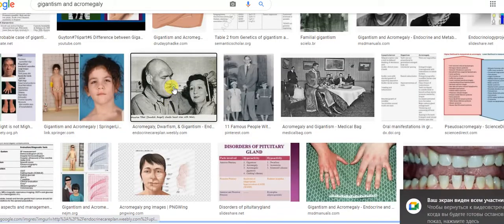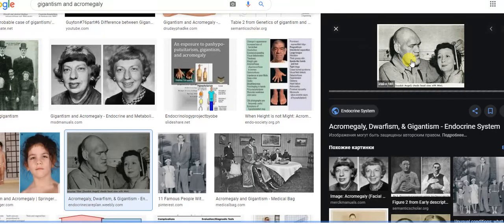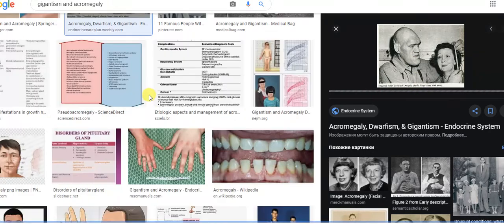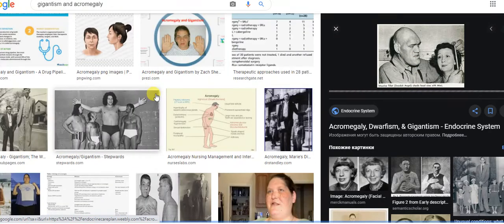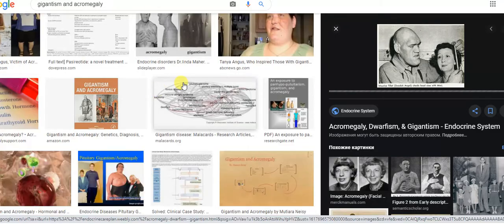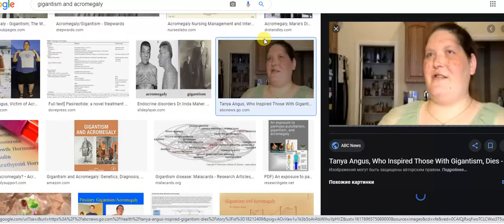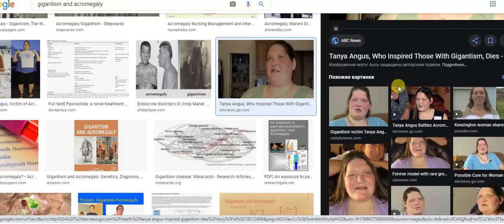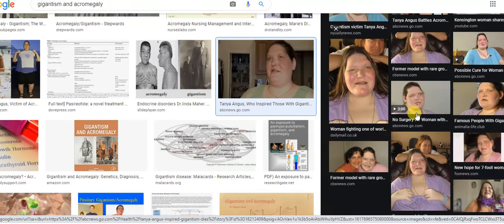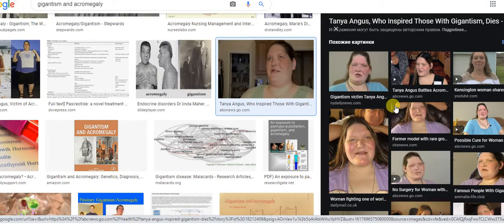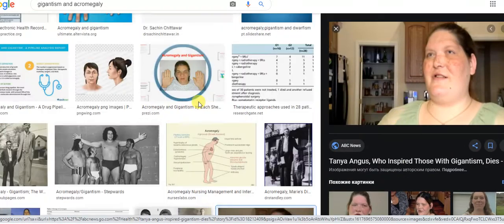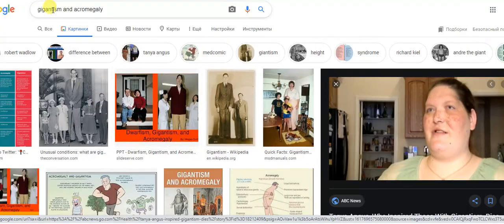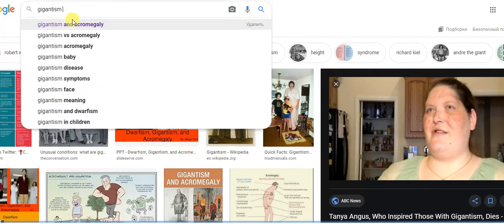This is a typical acromegalic face. It's not well visible, I guess. This is gigantism, it reminds of Shrek. Actually Shrek is made up from the face expression of these males and females with gigantism and acromegaly. Okay, not good examples. Let's talk about gigantism.